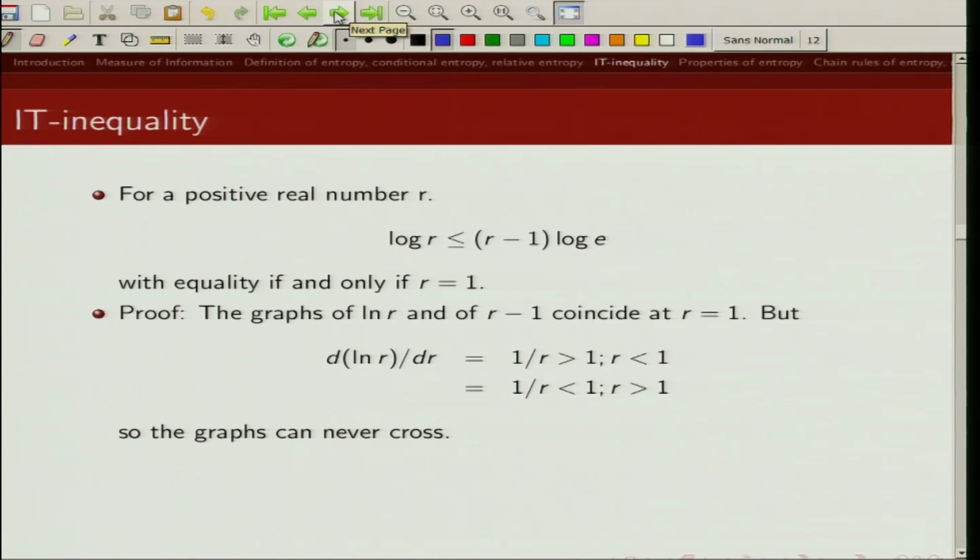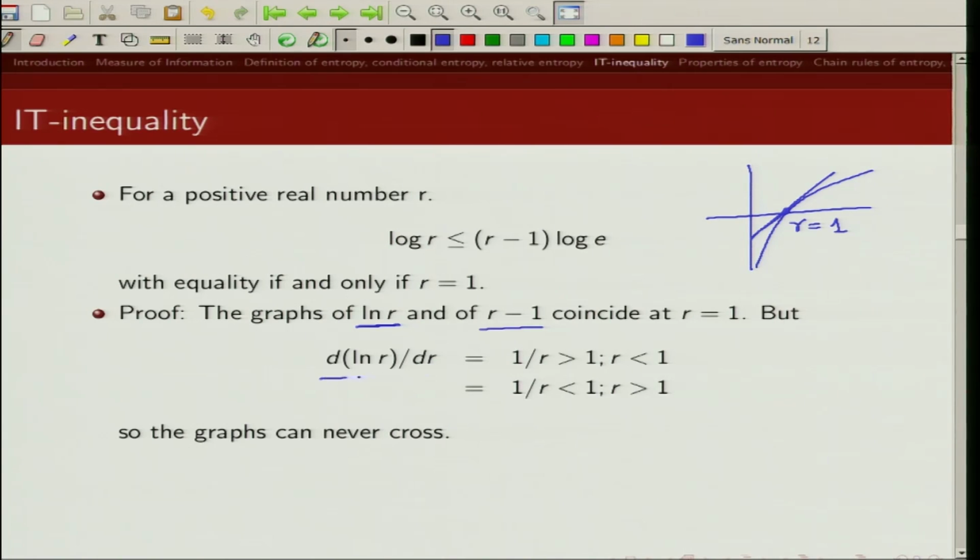Now note that the graphs of natural log of r and r minus 1 coincide at r equal to 1. Let me replot it. This will be my log function, and this will be my r minus 1. They intersect at r equal to 1.